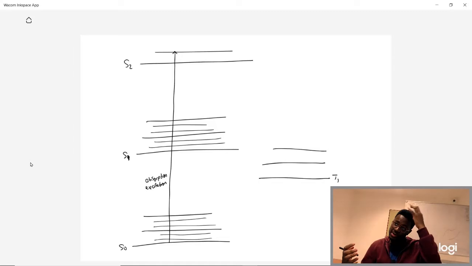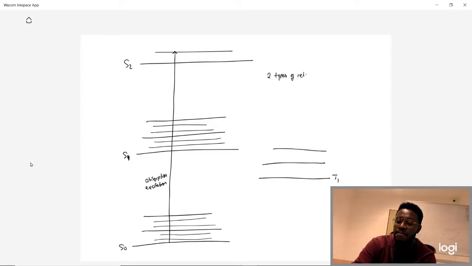There are two types of relaxation. So you can emit radiation or you can not emit radiation. So it's radiative relaxation and non-radiative relaxation.